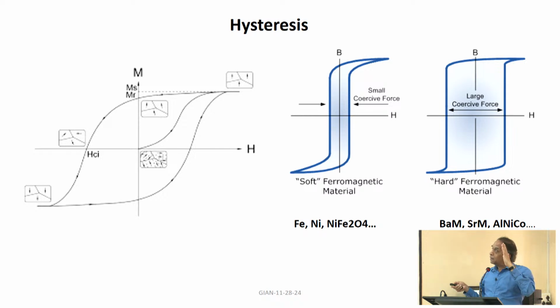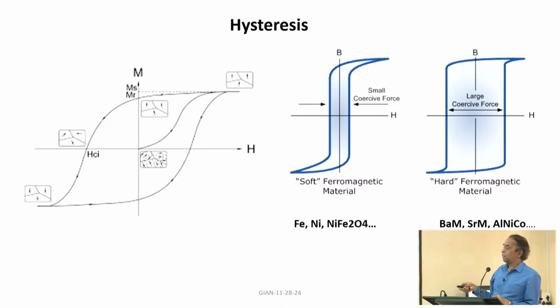So, there is a non-zero magnetization when you go to 0 external field, and that is what is called the remnant magnetization. So, there is saturation magnetization when all the domains are aligned parallel, and then when you go back to 0 field, the leftover magnetic moment is called remnant magnetization.